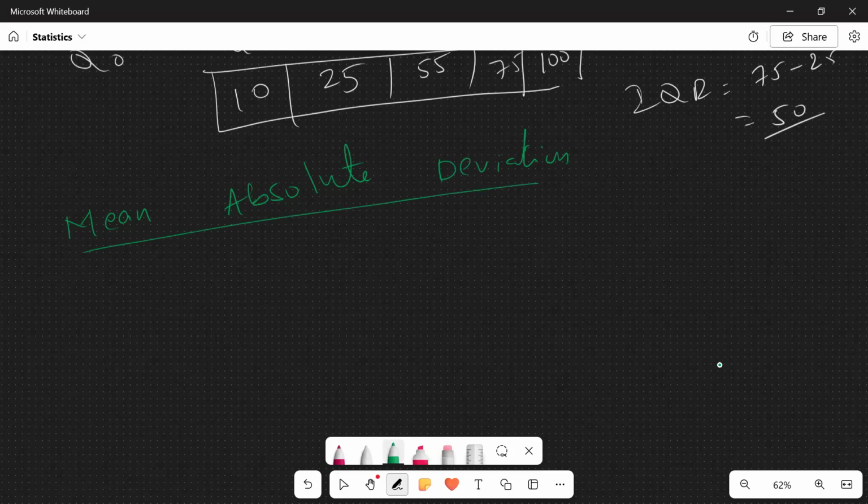Here we are not doing squared terms. We're just applying the modulus. Modulus means even if you have negative numbers, we make them positive. Then we take the sum of it, so it's never 0. This is how we get the mean absolute deviation.